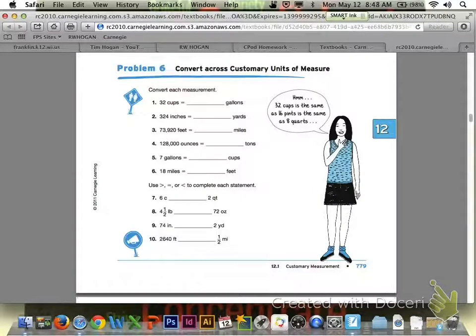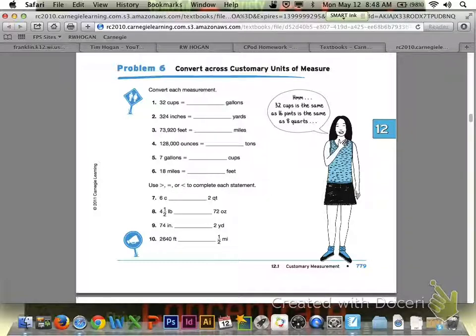We will skip the rest of problem 5 at the top of page 779. Take a look at problem number 6, converting across customary units of measure. This is what I would like you to do for homework tonight. 1 through 6, you're converting each measurement, and for 7 through 10, you're using greater than, less than, or equal to complete each statement.